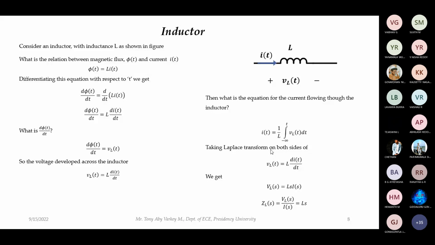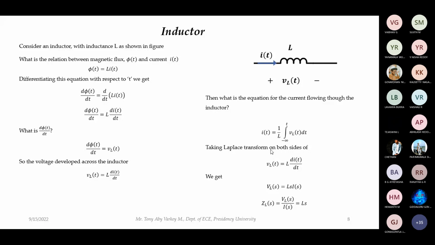So what can you infer about the inductor at DC? What does an inductor do? At DC, S is zero, so the impedance is zero, which means no resistance, which means short circuit. So an inductor acts as a short circuit for DC voltages.